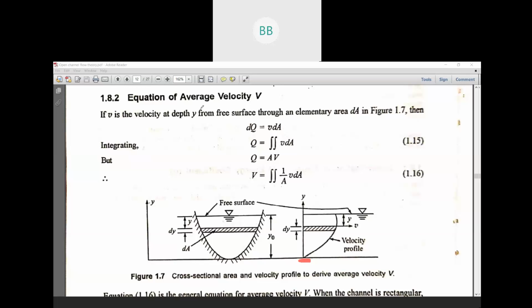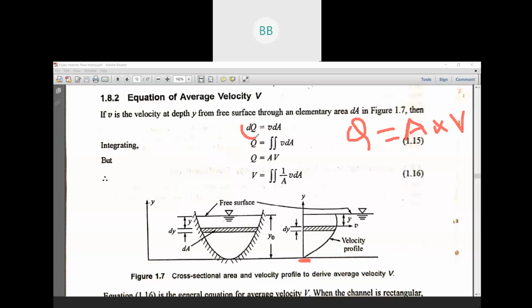So here we have to first consider the discharge. We know discharge is equal to area into velocity. Now we are going to find out the discharge for the small elementary area we have considered.